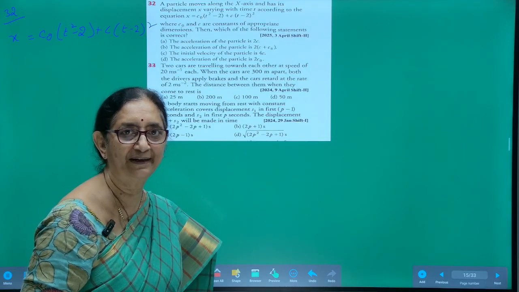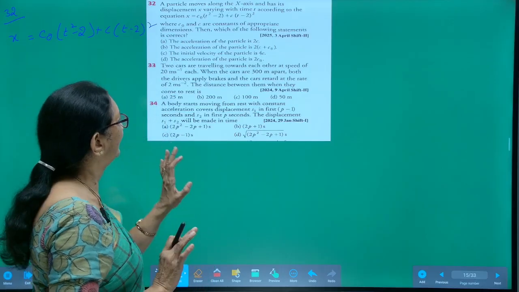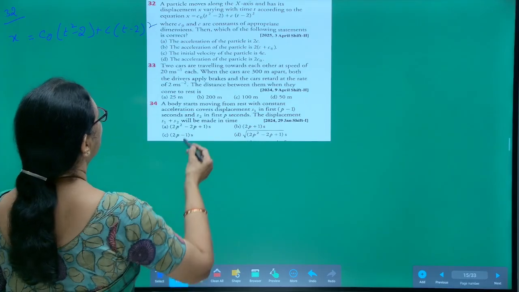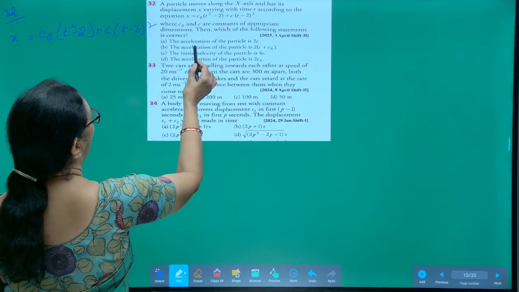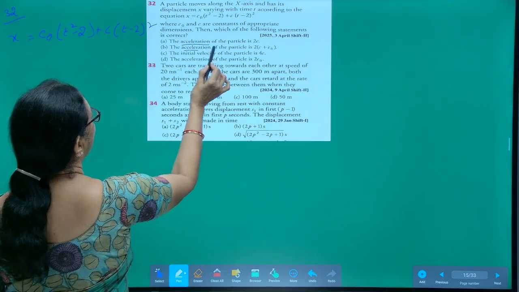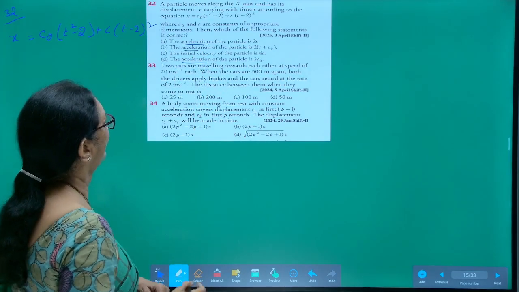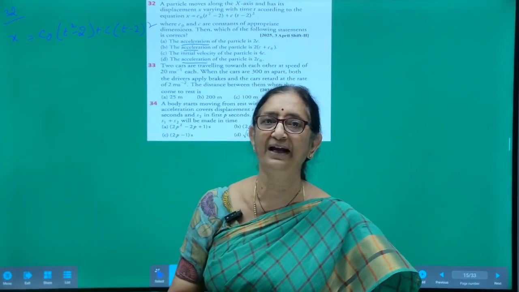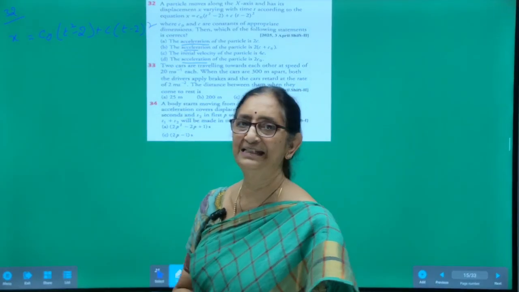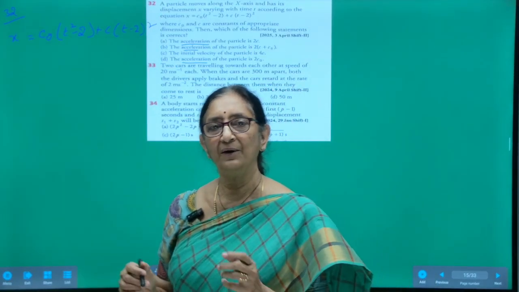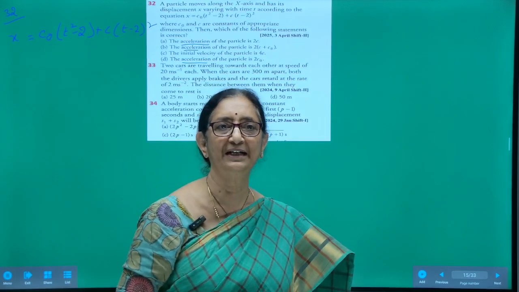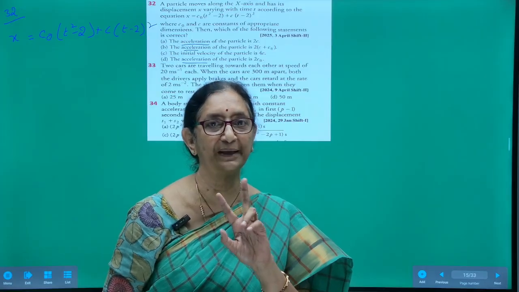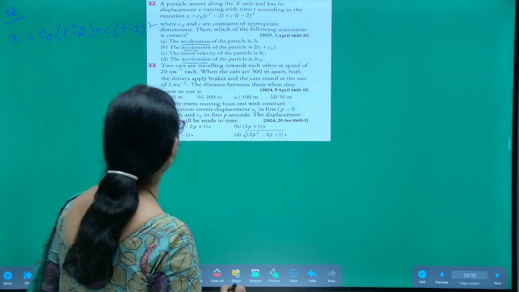While answering the statement questions, you have to be a bit smarter. You shouldn't waste too much time. If you just have a look at the options, in three options they mention acceleration. So we need to find acceleration from the displacement equation, which means we need to differentiate displacement twice with respect to time.